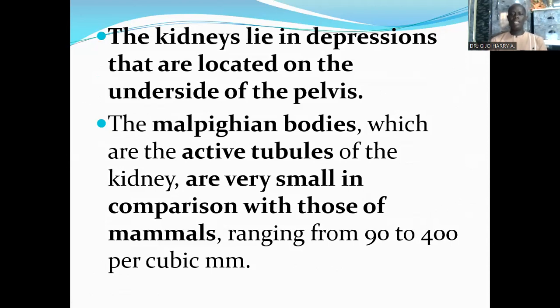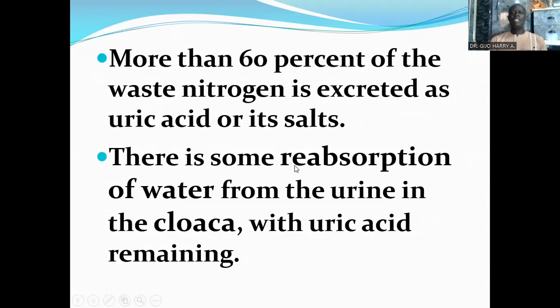They range in size from 90 to 400 per cubic millimeter. More than 60% of the waste nitrogen is excreted as uric acid or its salts. There is some reabsorption of water from the urine in the cloaca, with uric acid remaining.